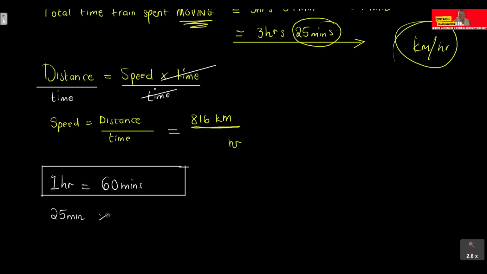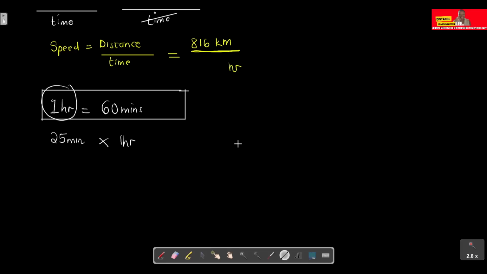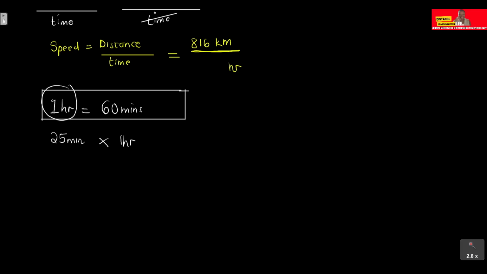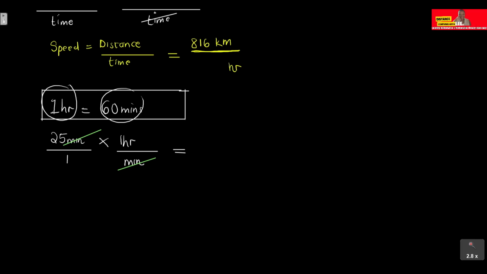We multiply by what you want, which is our units in hours, and you divide by what you have, which is your units in minutes. What do we see here? The minutes cancel. Therefore, the answer that you'll have when you punch these into your calculator will be in hours.